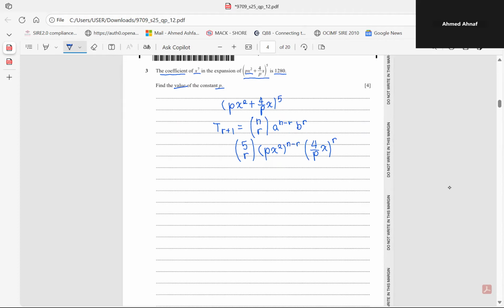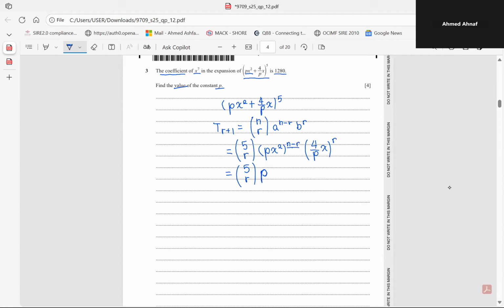Okay, so how we do this is we're going to simplify all the terms. First of all, we have this power, so we're going to distribute it to both p and x squared.